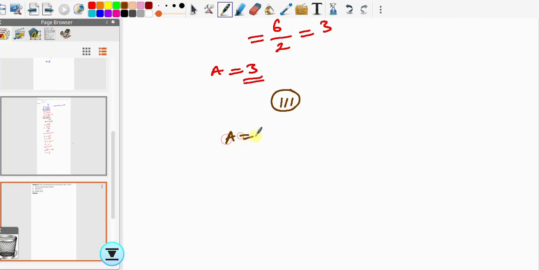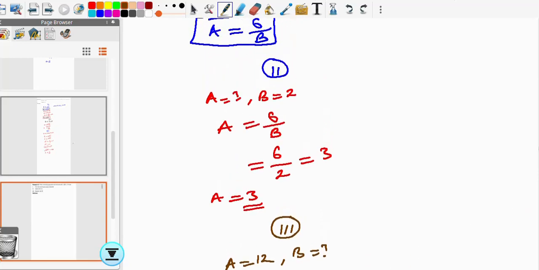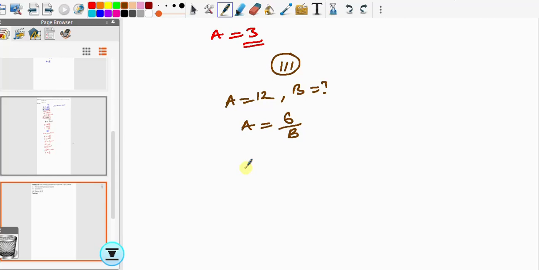A equal 12, what will be the value of B? Now remember the equation, which is A equal 6 over B, right? A has 12, so 12 equal 6 over B.